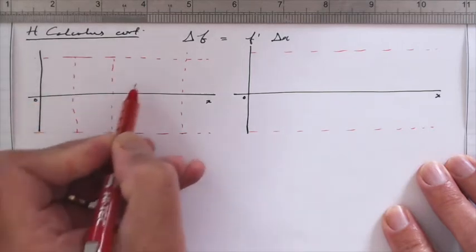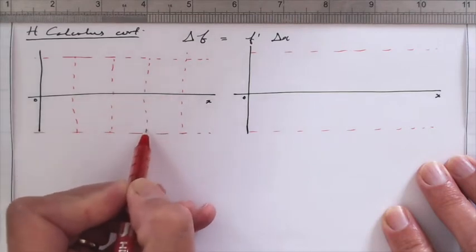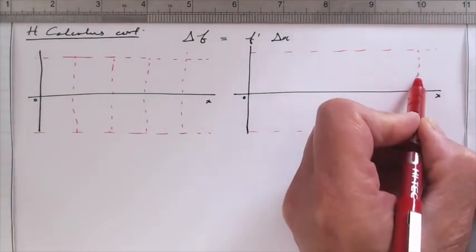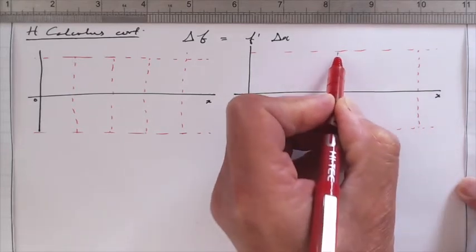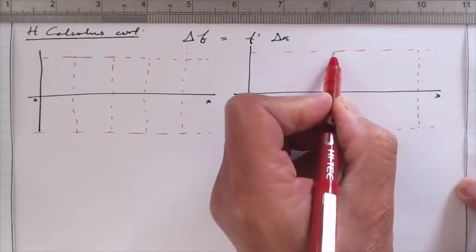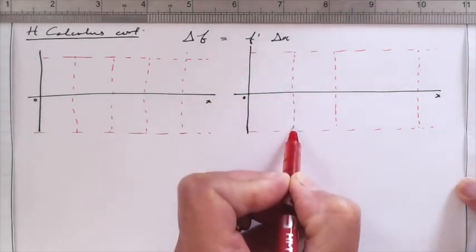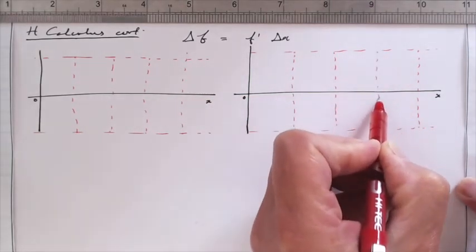And remember, if you know them for one cycle, you'll know them everywhere else, because they just repeat every 2 pi radians, or every 360 degrees, both in the negative and positive directions. They go on forever.